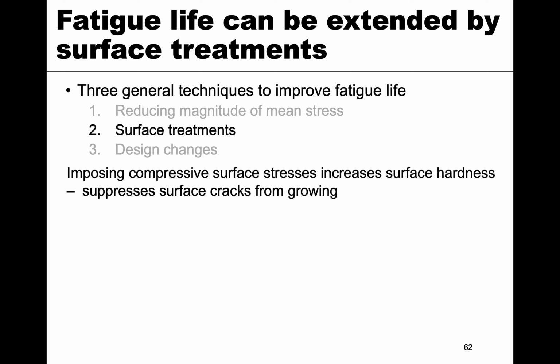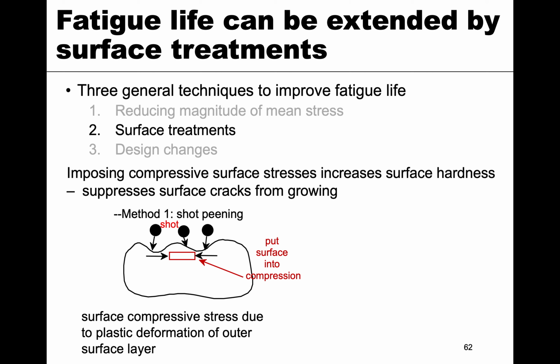If you can suppress that with compressive stresses, then we can achieve longer fatigue lifetimes. One way this is done is shot peening. We have a surface and we fire small projectiles at it, which causes plastic deformation and compressive stress as it's being deformed. So in the surface region, you put it under compression.